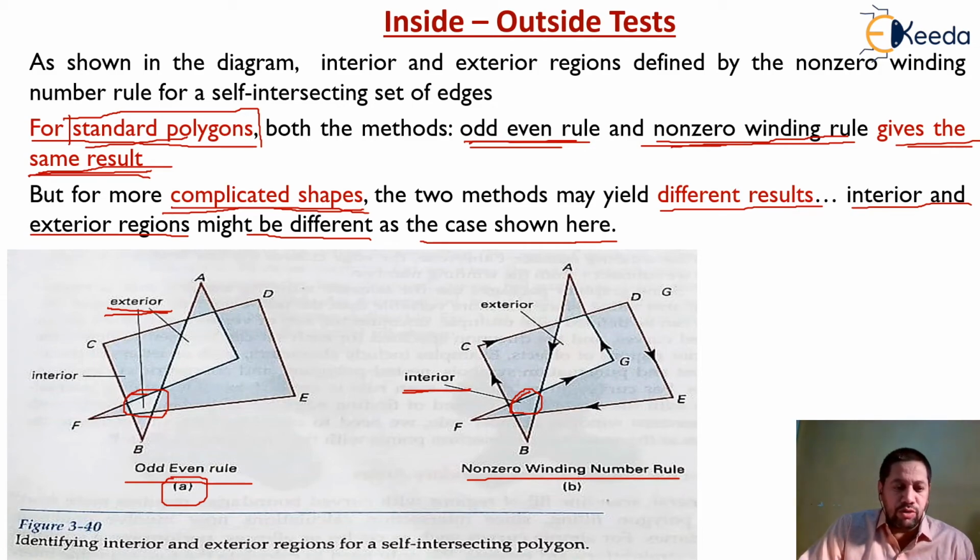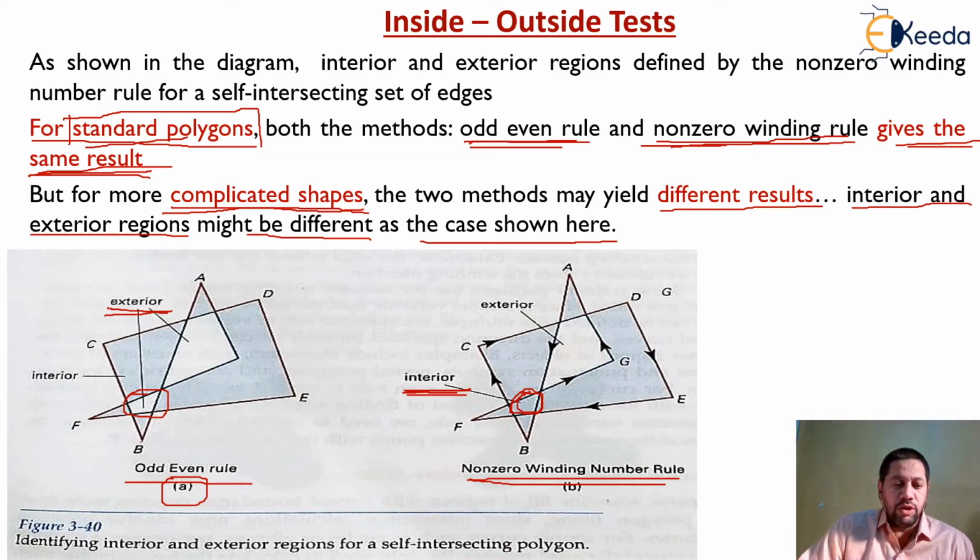So in the odd-even rule the region is exterior, but in the non-zero winding number rule, the same region is considered interior. Means for non-zero it is inside, but for odd-even it is outside.